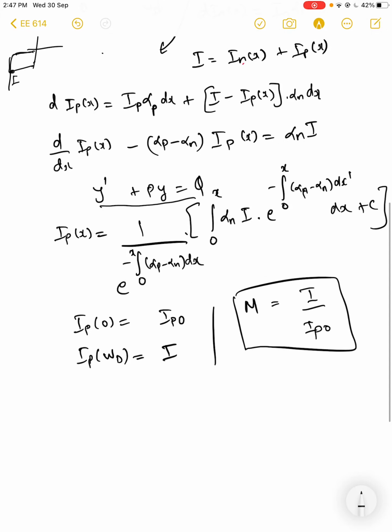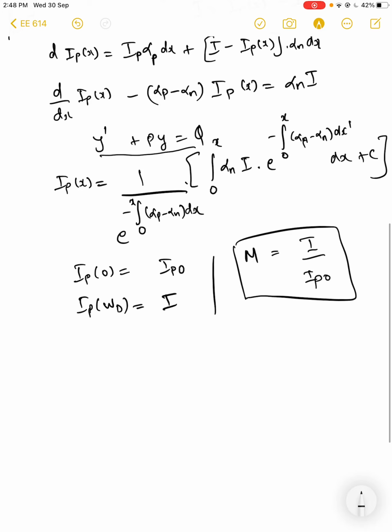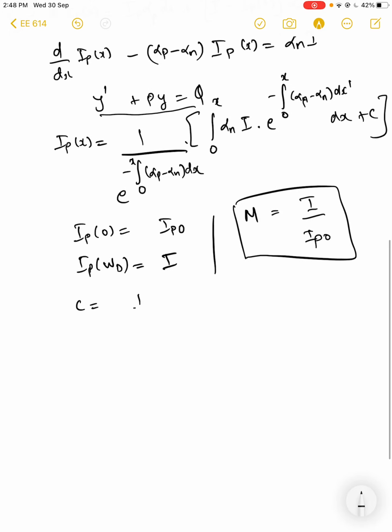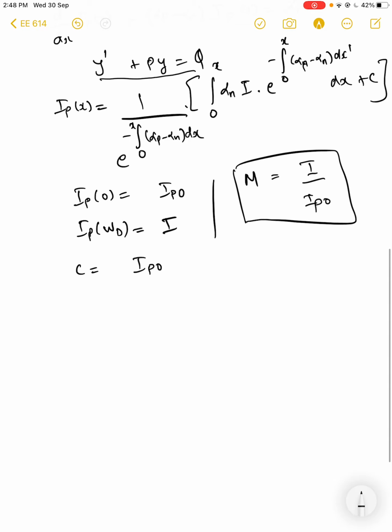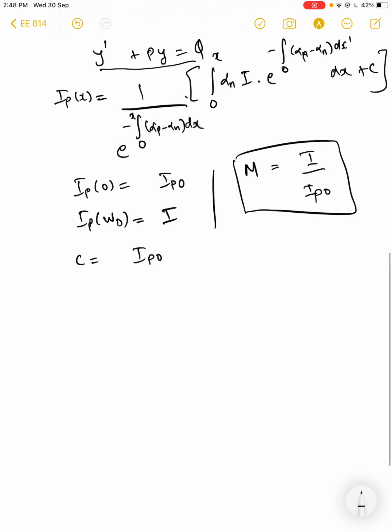So now let me substitute these boundary conditions into this. I can easily see that C will turn out to be Ip naught, right? If I substitute 0, and if I substitute x equal to WD, I will get Ip of WD. Ip of WD is basically I, right?